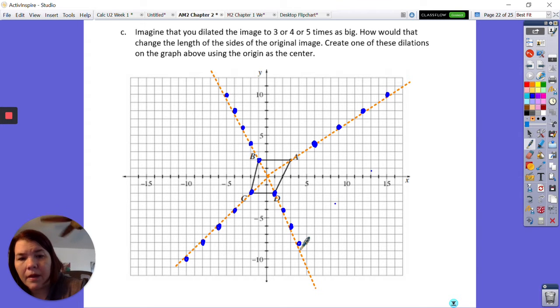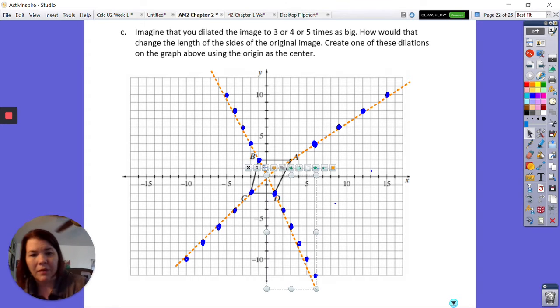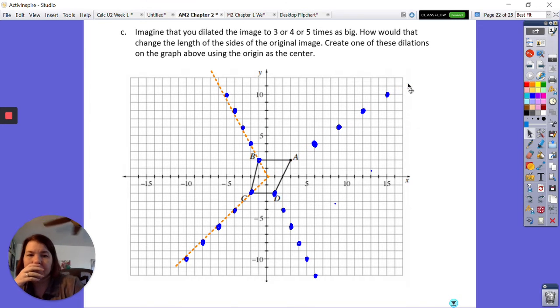I should move them all. Especially that one. That one is terrible. Maybe I'll redraw them all. They're all really bad. All right, let's redraw them.